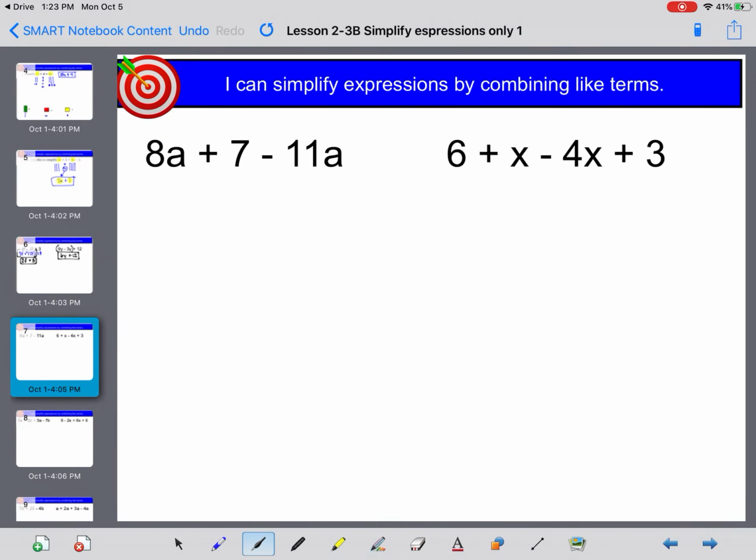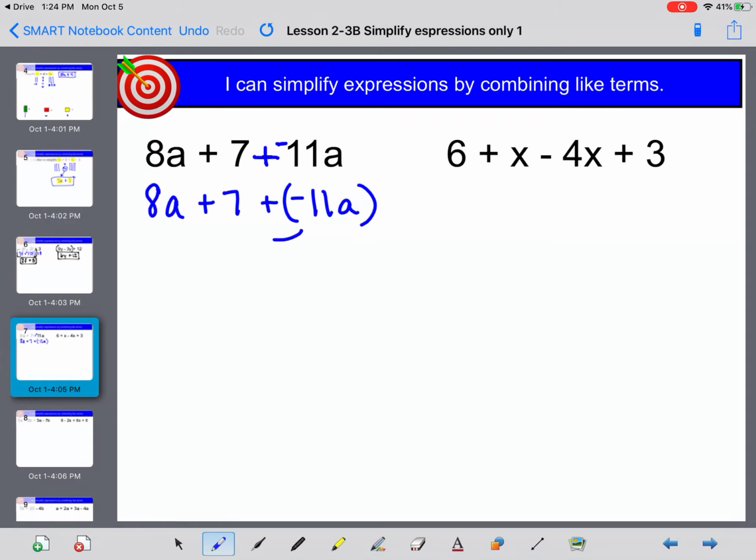All right, looking at this one. Here, I'm going to rewrite this as adding the opposite. So 8a plus 7 plus negative 11a. Now, some of you, again, are getting really good at just squeezing a negative in there, and that would be fine, and you could skip rewriting that step.